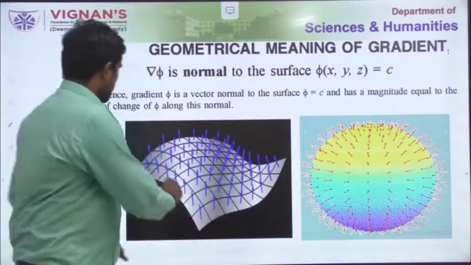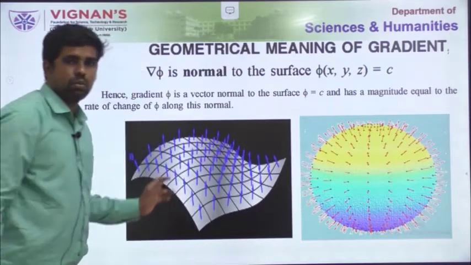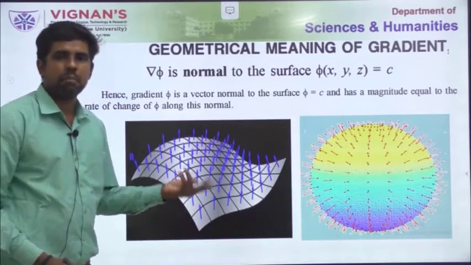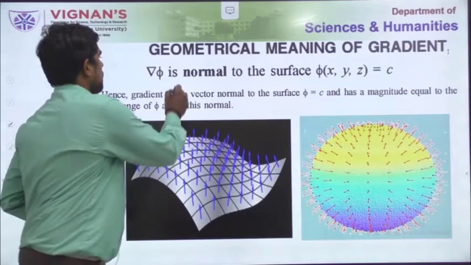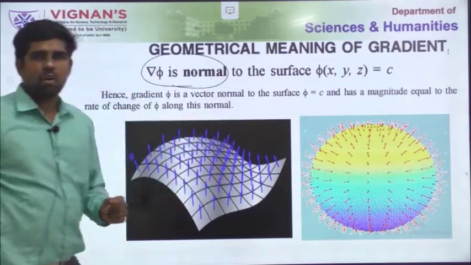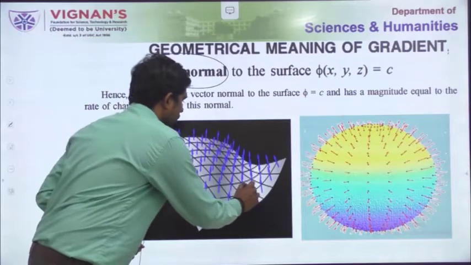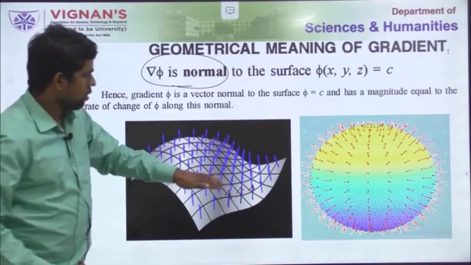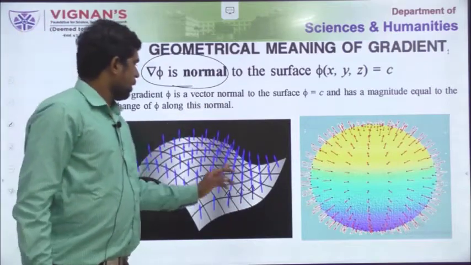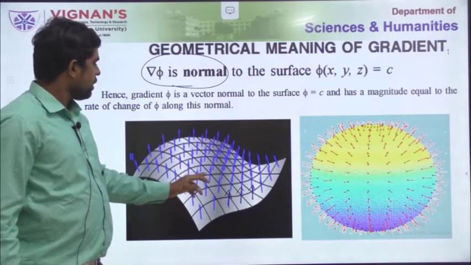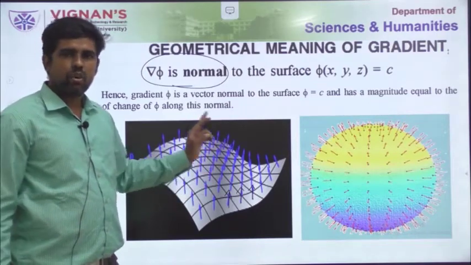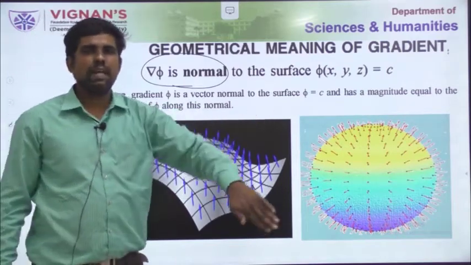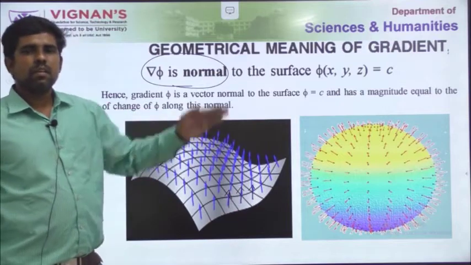You see, I am considering two surfaces. In the first surface, what do you mean by grad phi, by del phi? It is nothing but a normal vector, that is, a perpendicular vector. Depending on the surface, you can define the perpendicular vector. It is not the same, point to point it will vary. Why? Because a surface is not always flat, sometimes it will be like this.